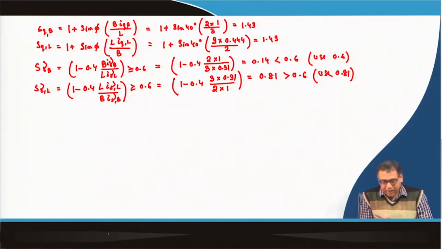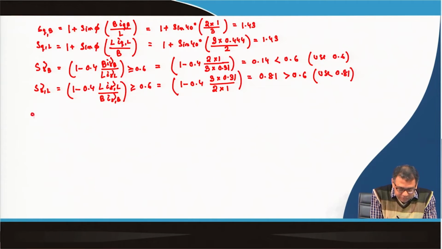Okay. So now we have calculated the three sets of factors: depth factor, shape factors and inclination factor. Now I will use the two sets of equations for net ultimate bearing capacity.